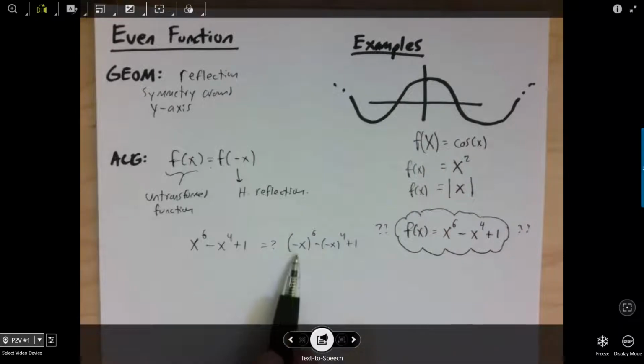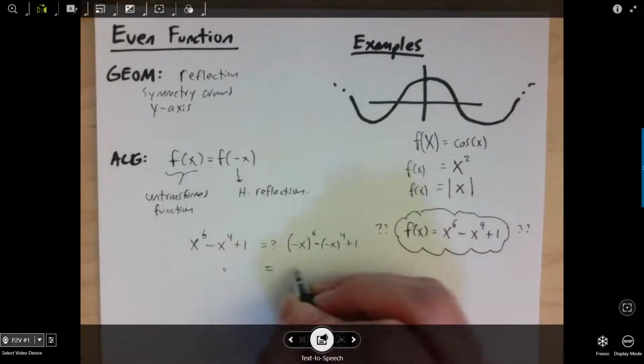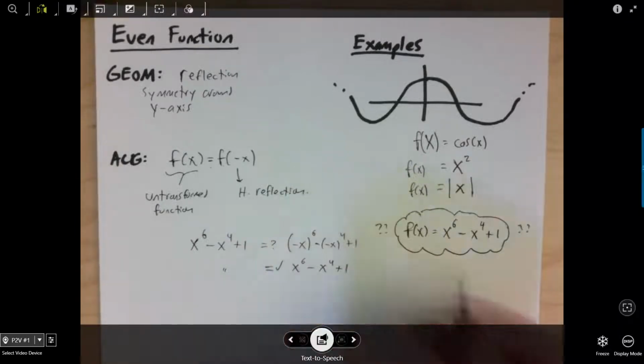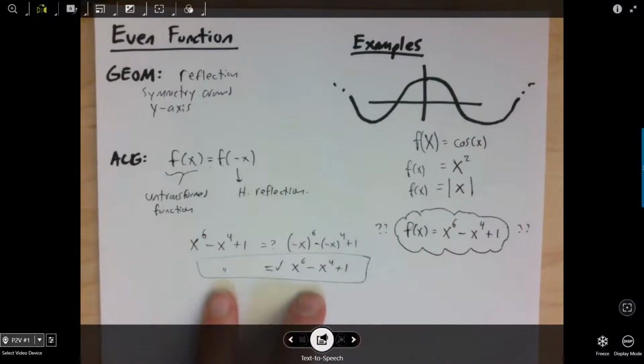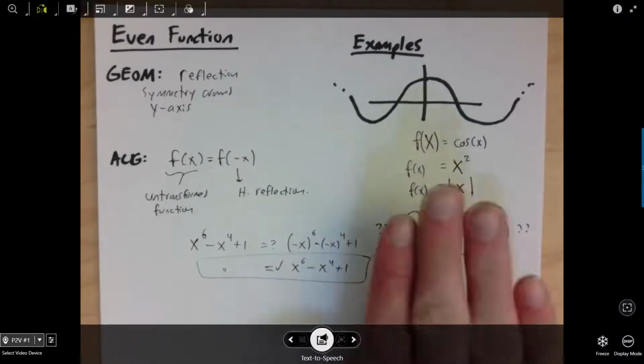Well, when I take these negatives and I raise them to an even power, all of the negative signs cancel each other. So the answer is yes, that is the same. This ends up as being x to the 6th minus x to the 4th plus 1. So because they ended up the same algebraically, that's confirmation that whatever this function looks like, it's got to be an even function, so it has to have that reflectional symmetry.